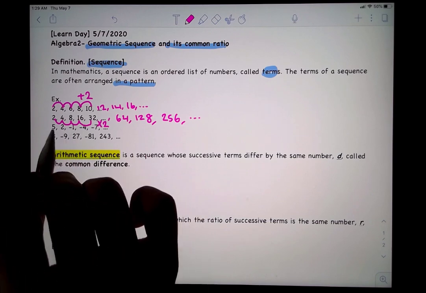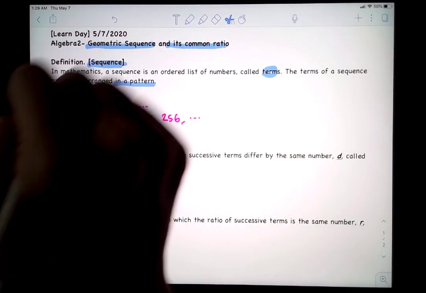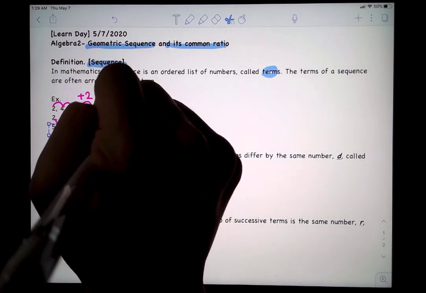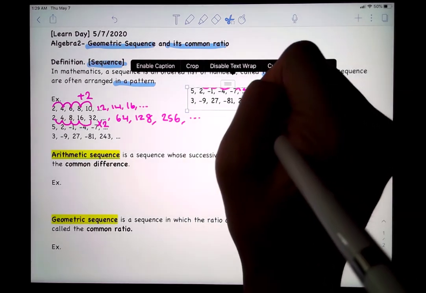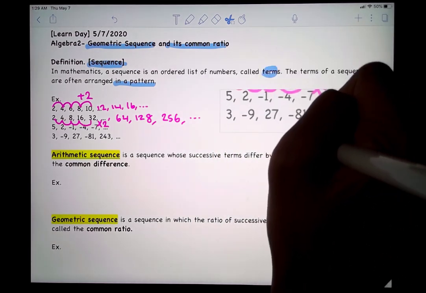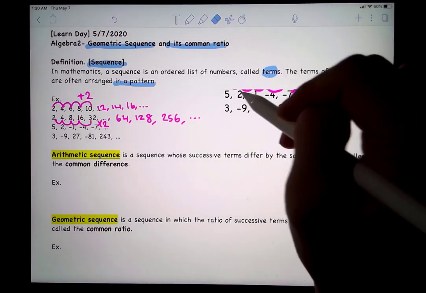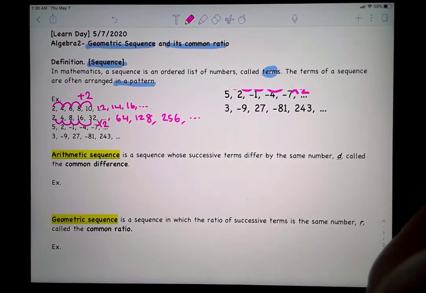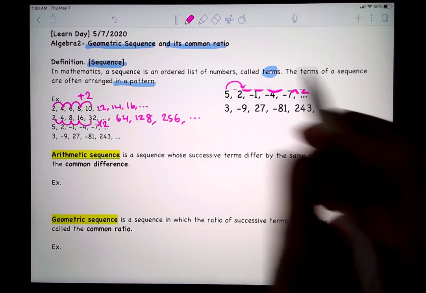All right, and let's look at this one. 5, 2, -1, -4, -7, right? So you have those numbers. Do you see the pattern here? How can you get 2 from 5?